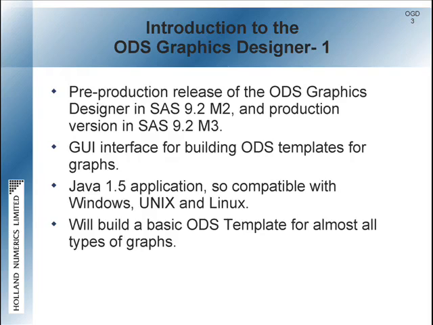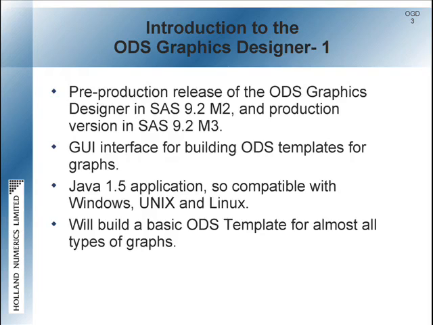It's a Java 1.5 application which is compatible with Windows, Unix and Linux, and it will build a basic ODS template for most types of graph, remembering of course that it is a basic template and you may need to go in afterwards and edit it to add dynamic values, but that should be fairly straightforward. Most of the hard work of what it looks like will be built for you.